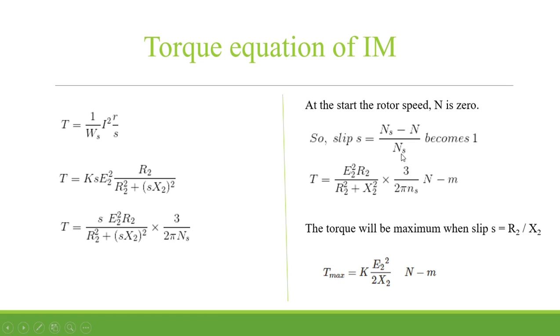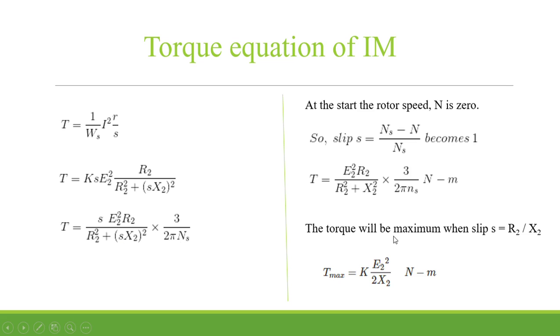So if nr is 0, then the slip will become 1, because ns divided by ns is 1. So the slip is 1. In this torque equation, if we put slip equals to 1, then it will transform into this. So this is the starting torque. The starting torque is this value because the slip is 1. Here also we have replaced the slip by 1.